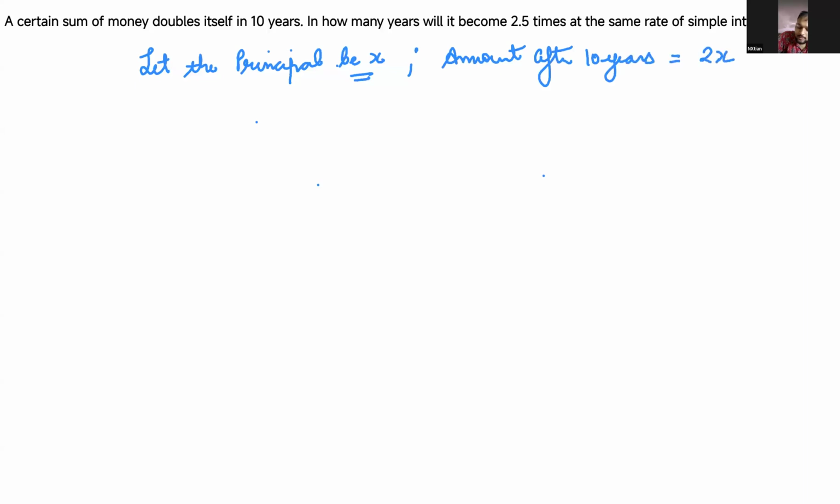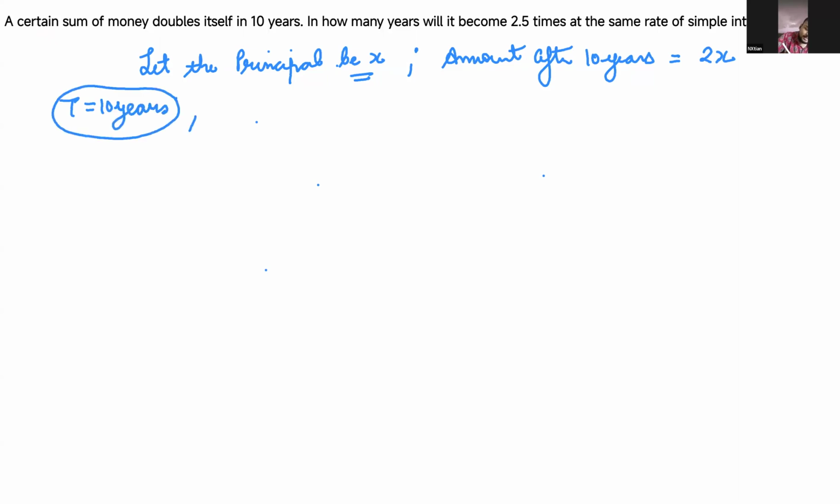It will become 2x, because it is given that whatever the sum is, which is x, it doubles in 10 years. So in 10 years, the amount will become 2x. Yes or no? Please pay attention. So in this case, what is the time? Time is 10 years.